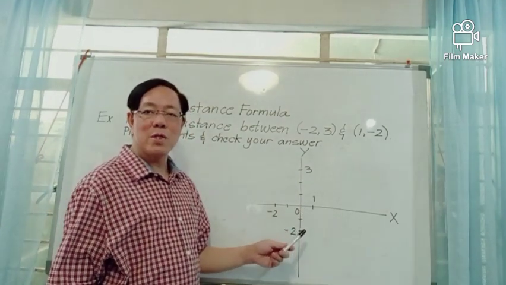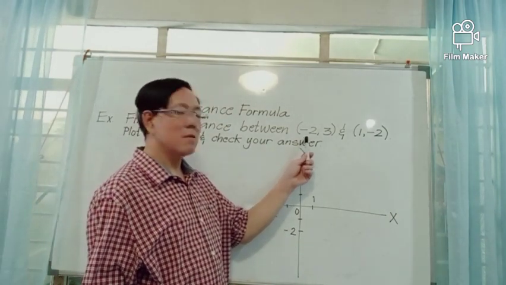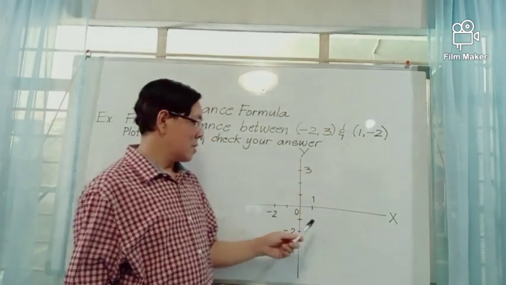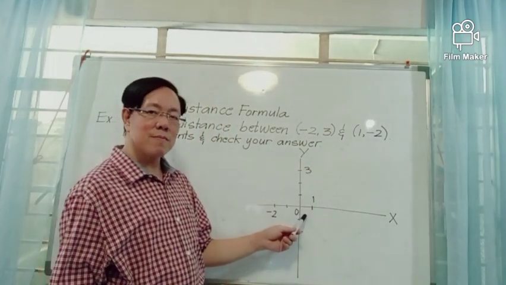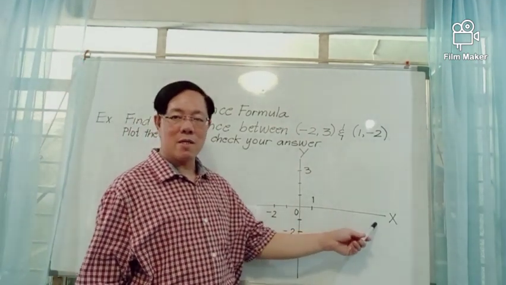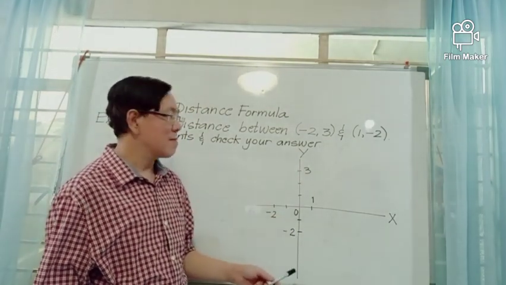And I will use 1 unit intervals to plot the points negative 2, 3 and 1, negative 2. That is, I will use 1 unit intervals on the horizontal axis, and I will use 1 unit intervals in the vertical axis.